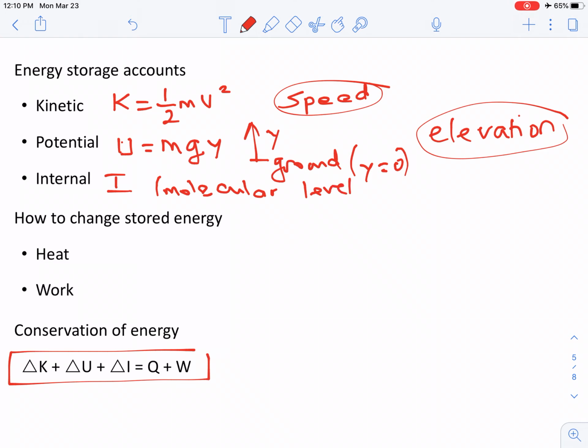So if there is any change in temperature or pressure, then we will have a change in internal energy. Most of the time so far we are going to ignore it and just say there's no temperature or pressure change, so the change in internal energy will be 0. But later on we will talk more about it, and we will even assign a part of it as due to the friction force. We will get to that later.